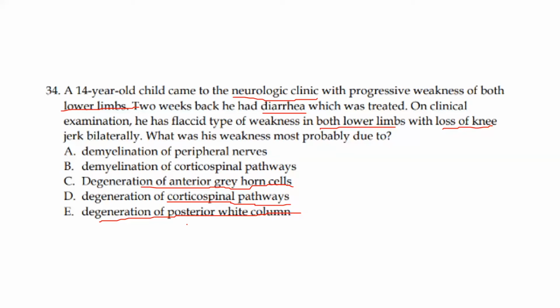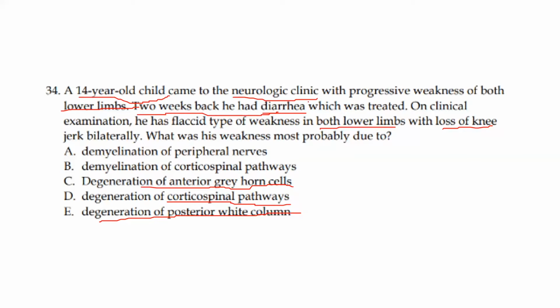The reason that's not the answer here is because we have a 14-year-old child, first of all. A hereditary condition would probably present very, very early on. And the second reason is that he had diarrhea 2 weeks ago.